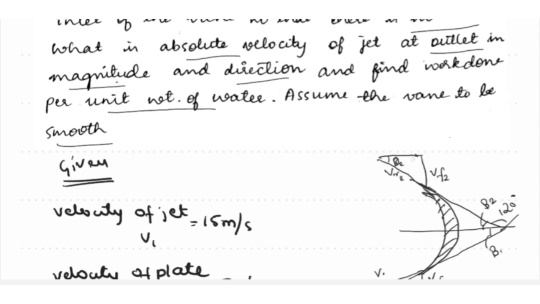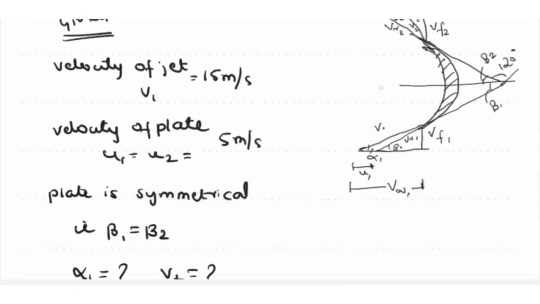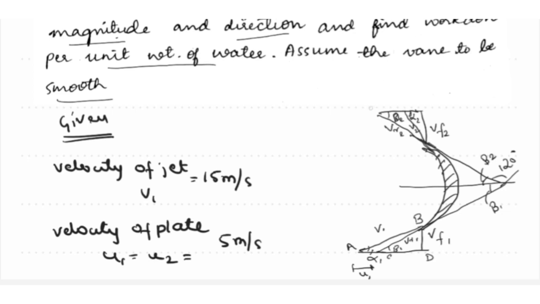And one more thing, here we have to draw the absolute velocity line. So this is V2 making an angle alpha 2. So if I name this triangle A, B, C, D, P, Q, R, S.